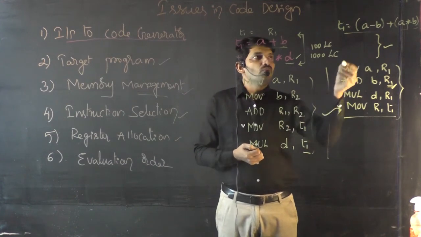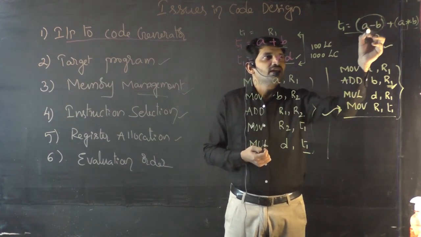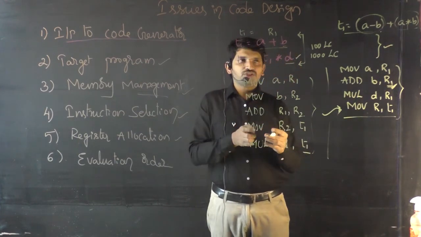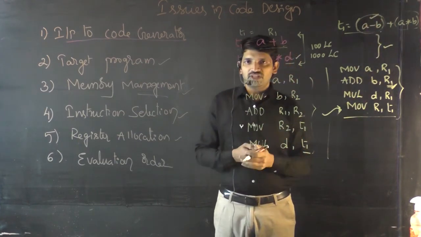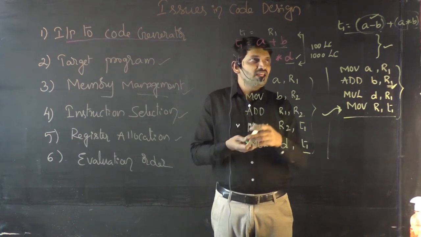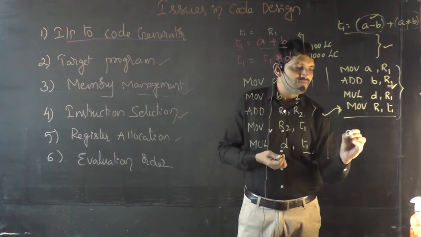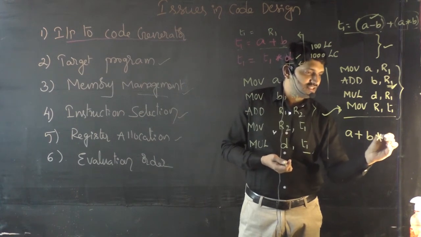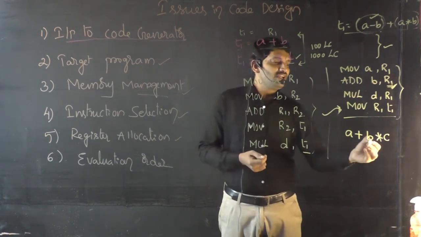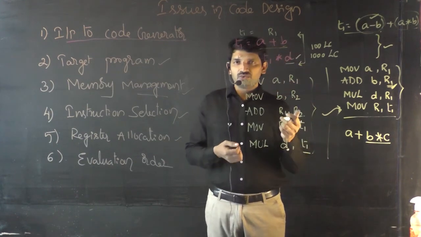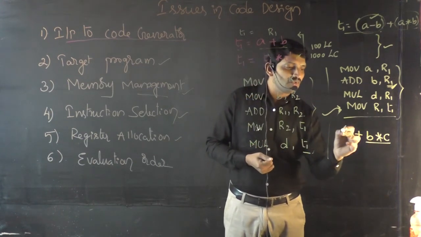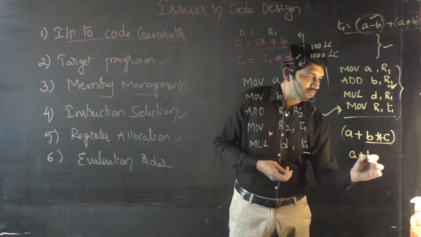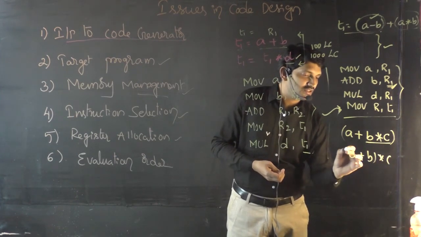Now the question is, what do I have to take first? Here A minus B is there, here A star B is there. As per the associativity, we have to take this one. But in certain cases, if there is an operation like A plus B star C, definitely we have to take B star C as the first priority, then only execute the rest. Suppose the instruction is like A plus B cross C, but here there are parentheses.